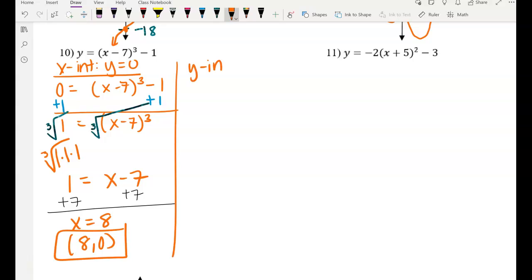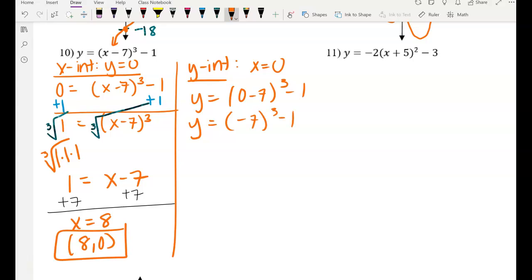Y-intercept, x is 0. Ooh, we're going to need some big brain here. Y equals 0 minus 7 to the 3rd minus 1, which is y equals negative 7 to the 3rd minus 1. What's negative 7 times negative 7 times negative 7? You do have a calculator, so feel free to use it.